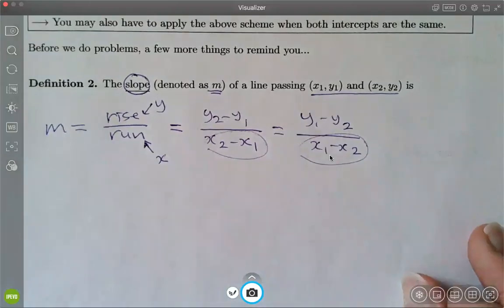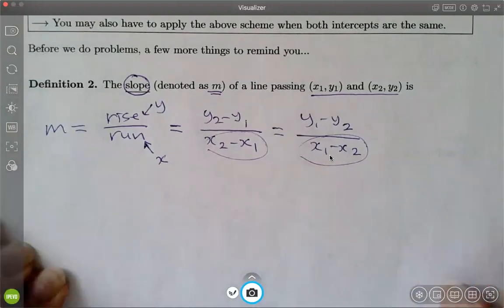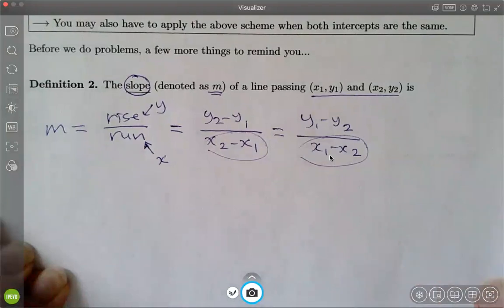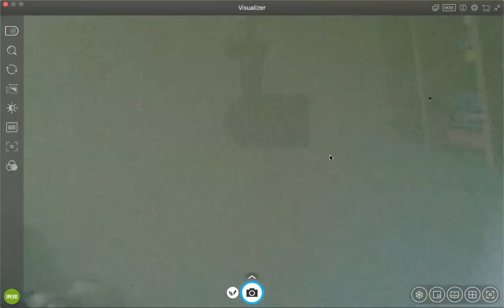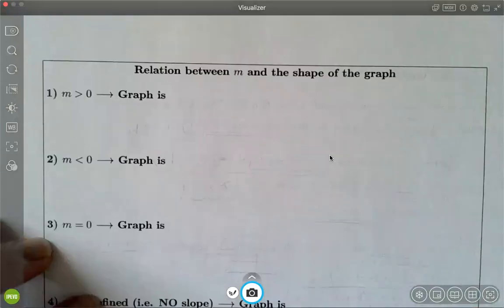And now, the cool thing about the slope is that by just looking at its value, we can immediately tell how the graph will look. Hopefully you have seen this kind of scheme before. Now the relationship between the slope and the shape of the graph.